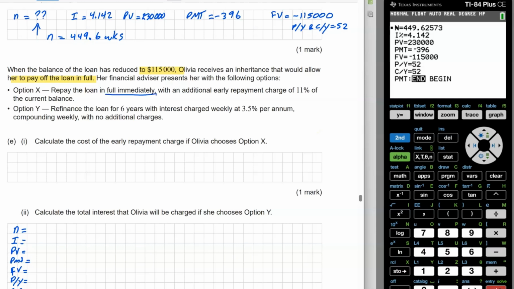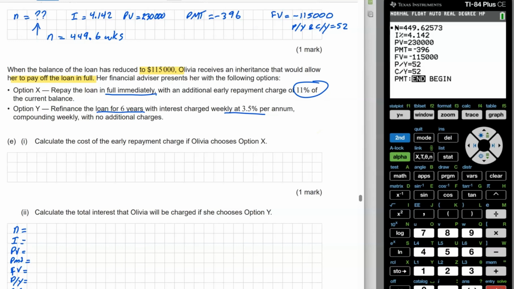But that means that you have to pay an early repayment charge, so we've got to pay 11% to cancel that loan, I guess. Or option Y, we can refinance the loan for 6 years with interest charged weekly at 3.5%, compounding weekly with no additional charges.